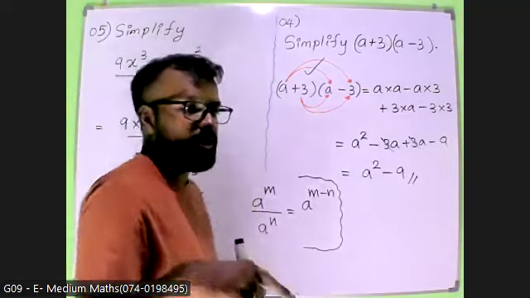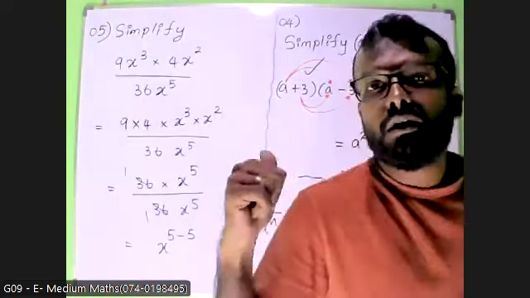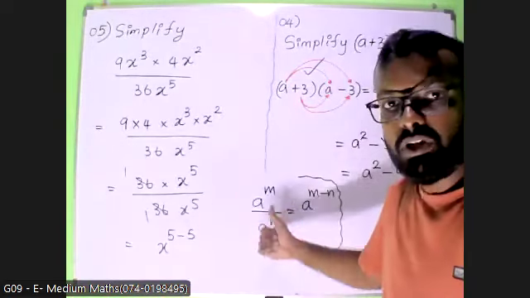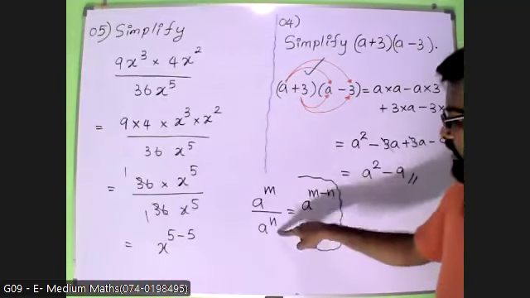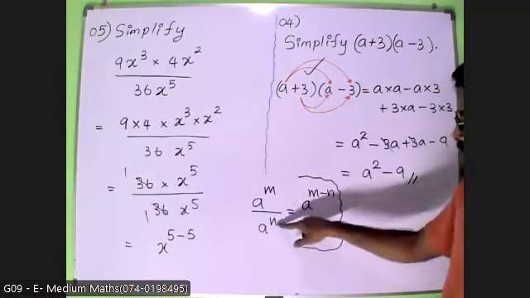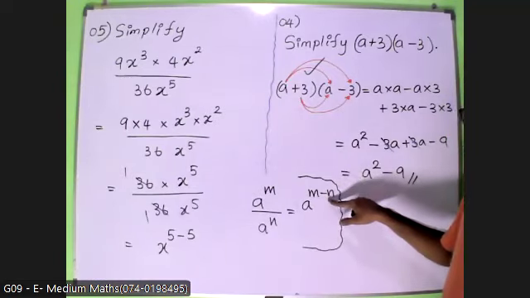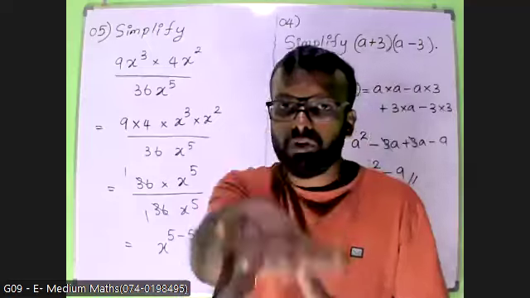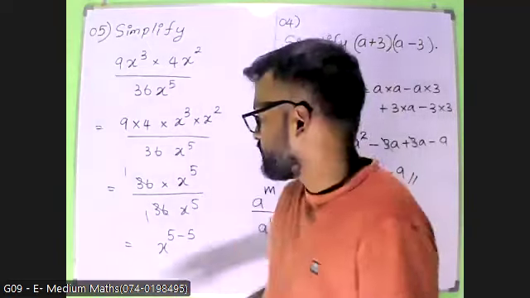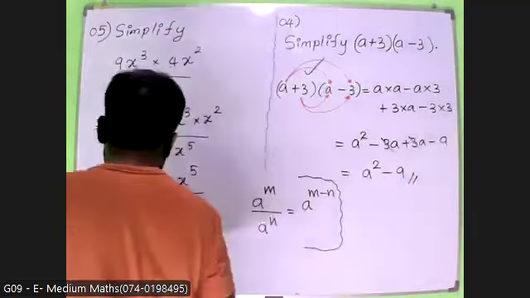I have done this in the main paper discussion as well. The denominator power should be subtracted like this. 5 minus 5. Again, I am giving you a dot and taking it back: 5 minus 5, 0.